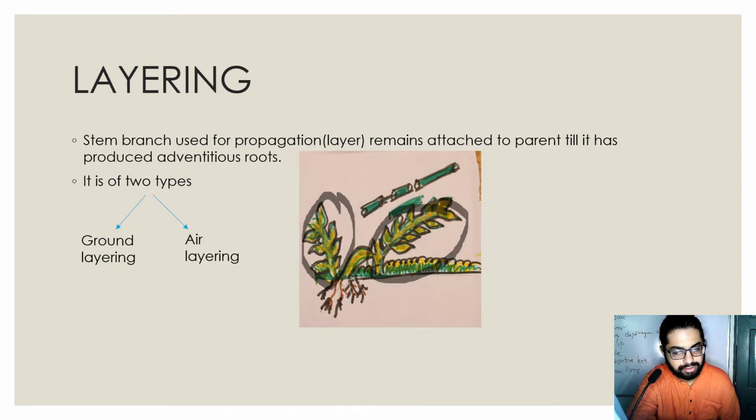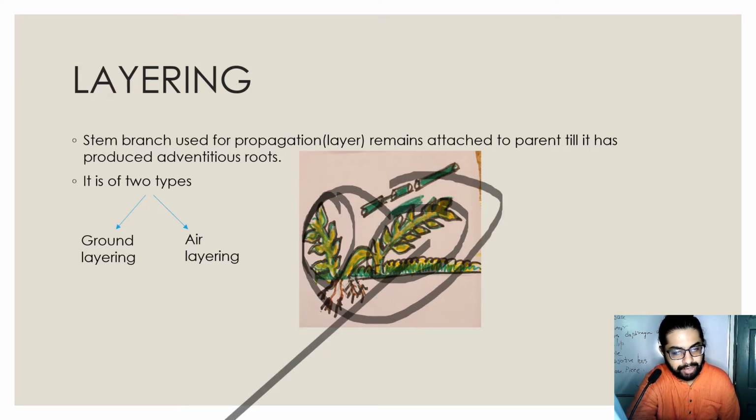This is the parent as a whole, and this is the newly formed branch. It is attached to the parent till it has produced adventitious roots. Once it has produced adventitious roots, it is separated from the parent to develop into a new plant. So it is of two types, ground layering and air layering.